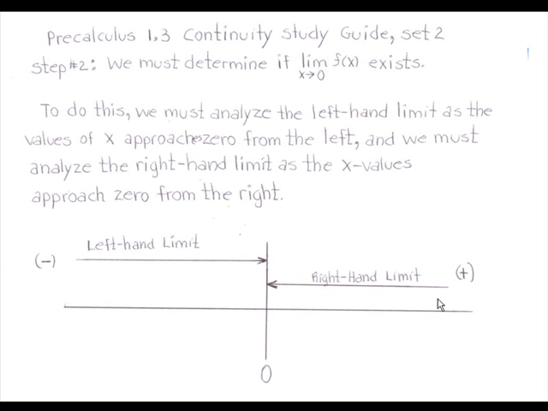Here we have 0, and our values approaching 0 from the right, and then we have our values approaching 0 from the left. Notice the signs. It's negative on the left because left of 0 is negative, and to the right it's positive because to the right of 0 is positive. So if I'm coming in from the right, I'm coming in from the positive numbers. If I'm coming in from the left, I'm coming in from the negative numbers.